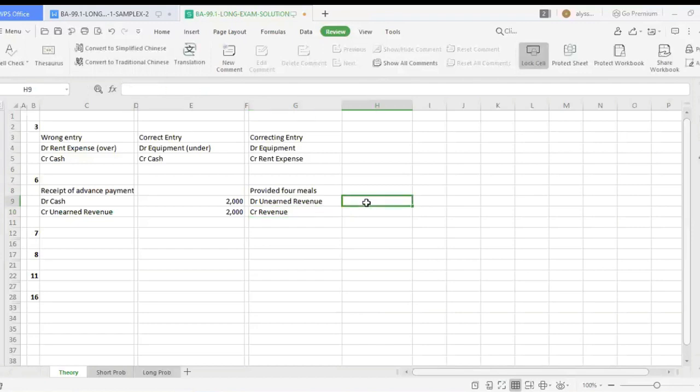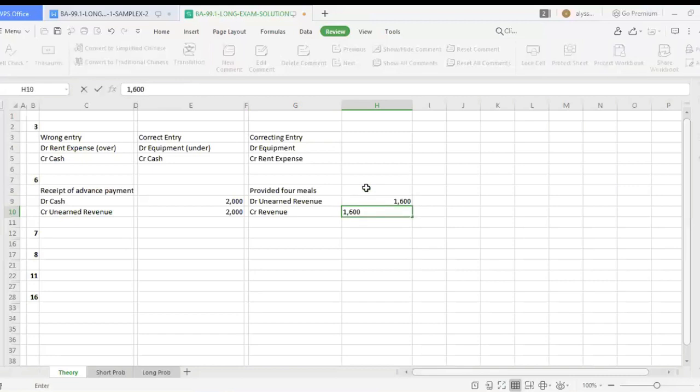But how much? So 2,000 divided by 5 meals, multiplied by 4 since you already earned 4 meals. That would be 1,600. So looking into the choices.